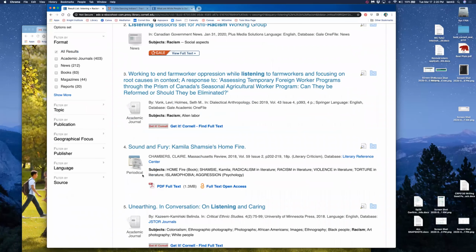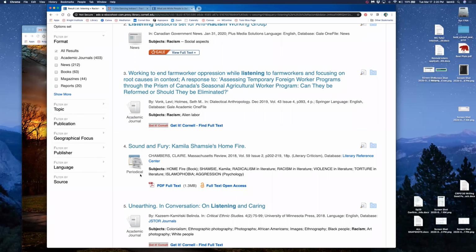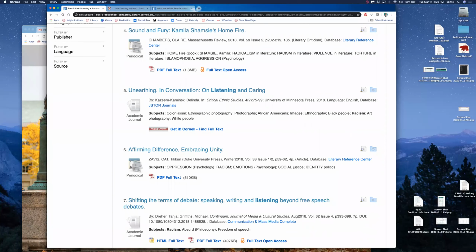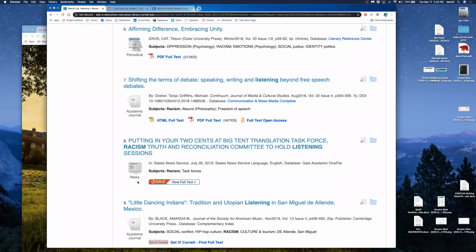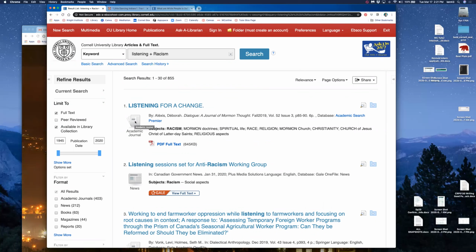Here we have a periodical, and this is a nice word for some sort of regular publication. A magazine could be a periodical. Technically, an academic journal could also be a periodical, but it's a broader category. So we still do get a lot of academic journals, but we also get some news. So again, this icon here is the generic genre that these things are in.